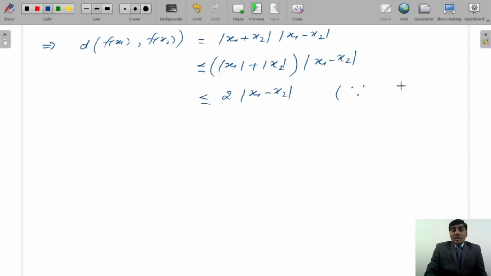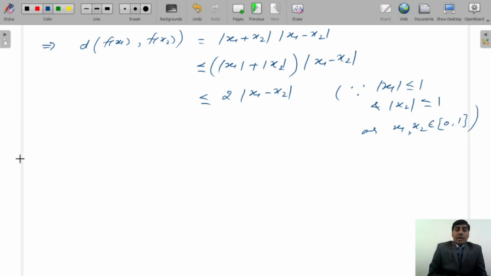because modulus of x1 is less than or equal to 1 and modulus of x2 is also less than or equal to 1, as x1, x2 belongs to [0, 1], which is less than 2 into epsilon by 2, is equal to epsilon.